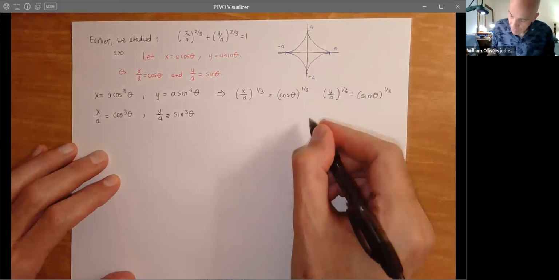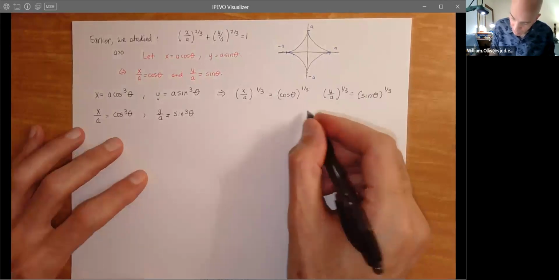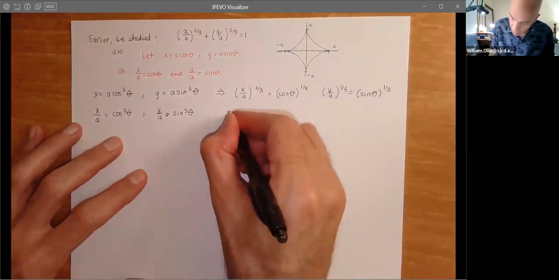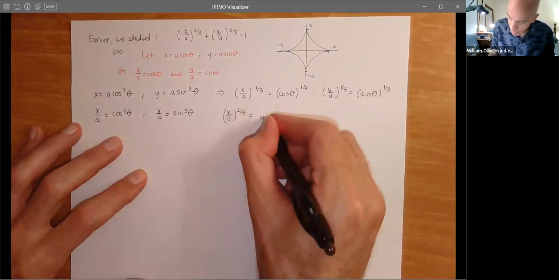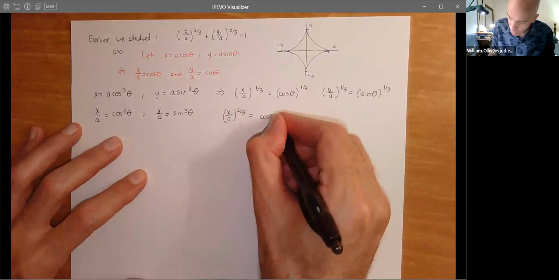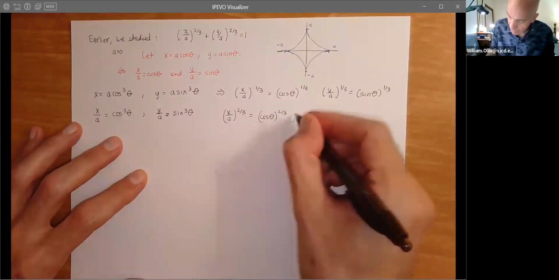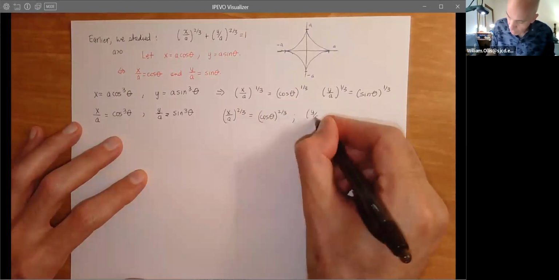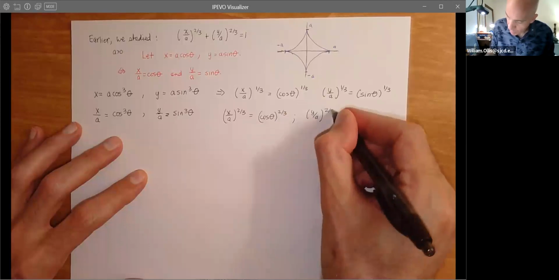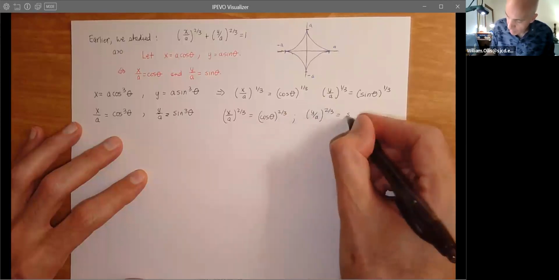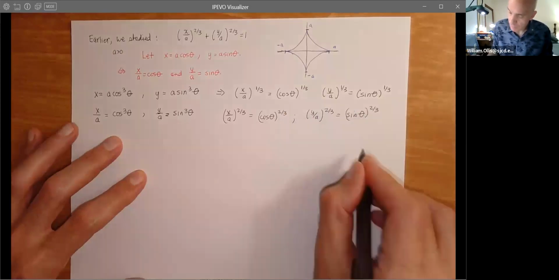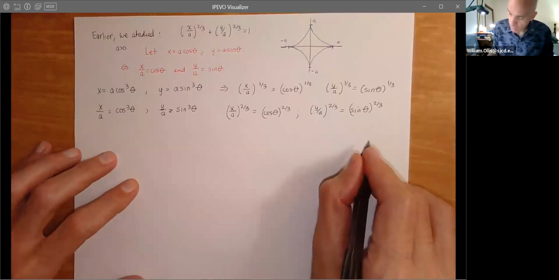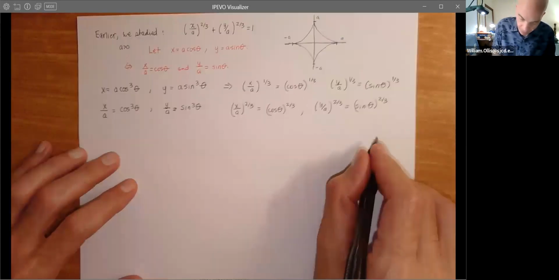And then squaring, X over A to the 2/3 equals cosine theta to the 2/3, and Y over A to the 2/3 will be sine theta to the 2/3. Okay.